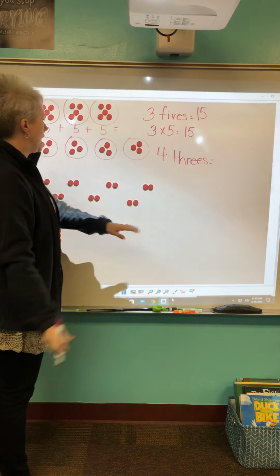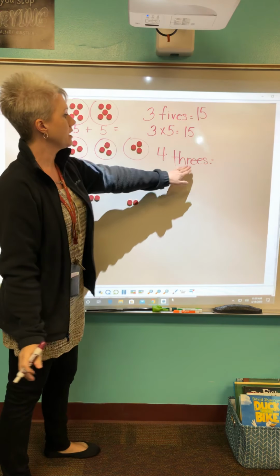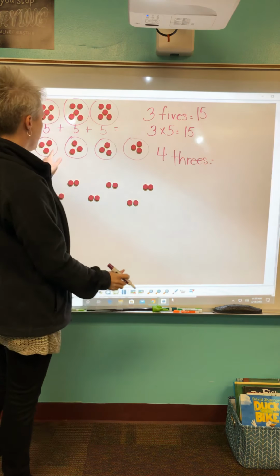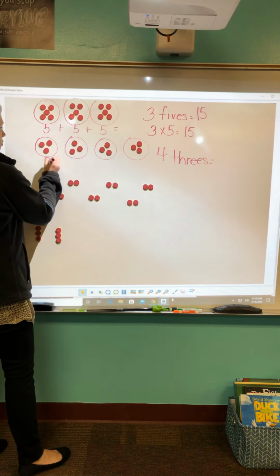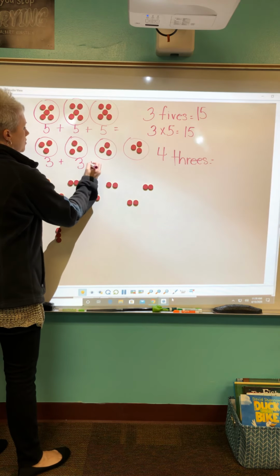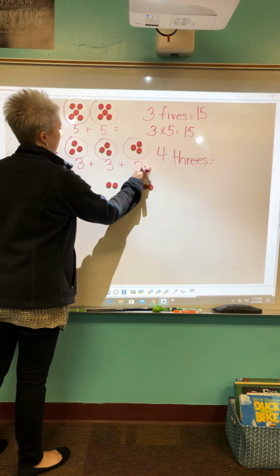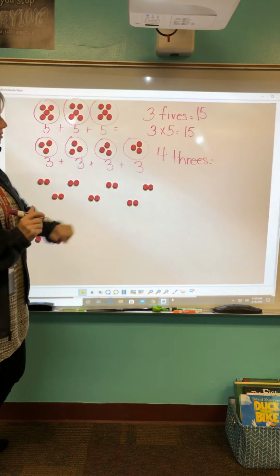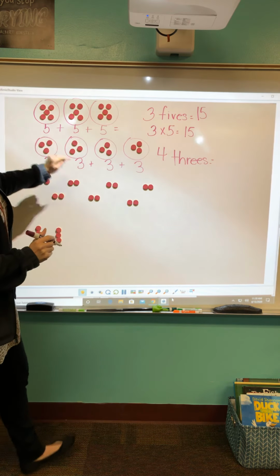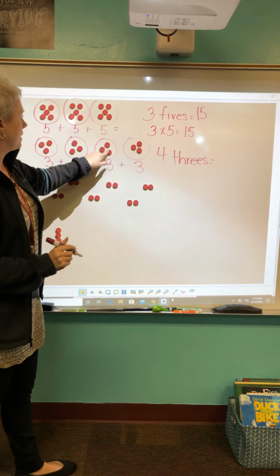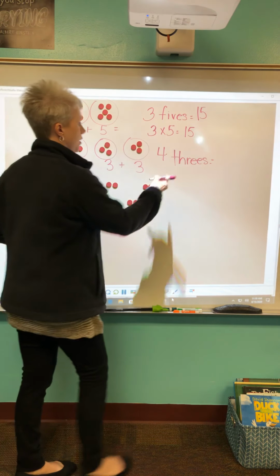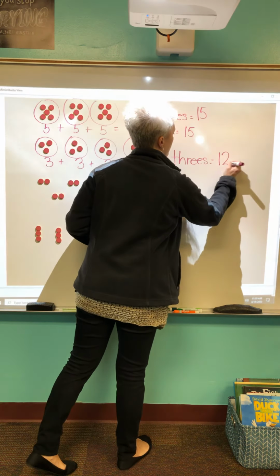Okay, that means I'm going to write the number 3 4 times. I have 4 3s. 1, 2, 3, 4. Now I just add them all up. 1, 2, 3, 4, 5, 6, 7, 8, 9, 10, 11, 12. 4 3s is 12.